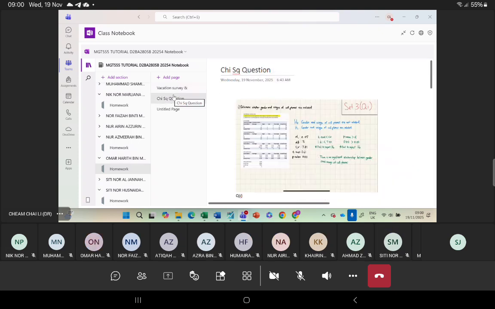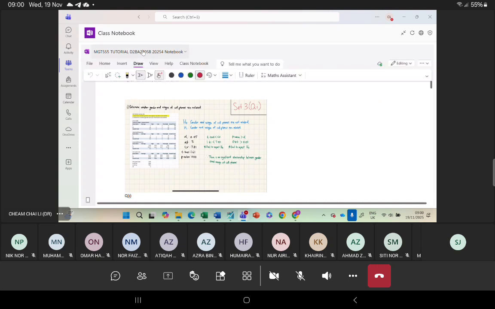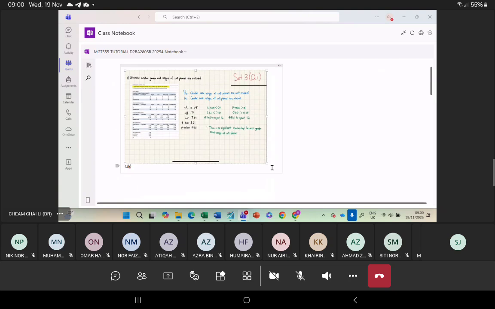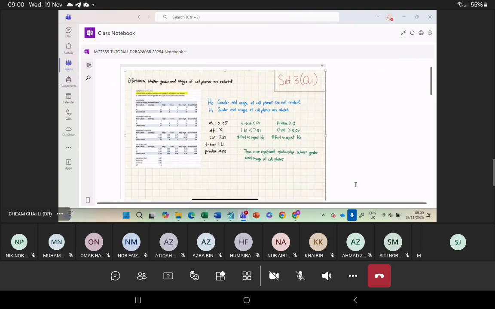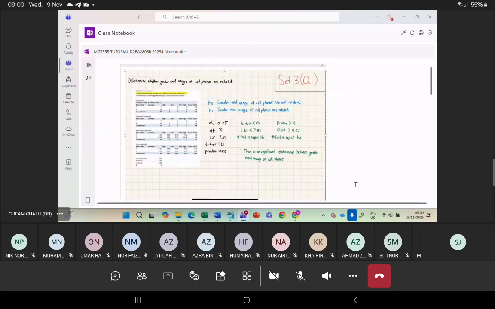So chi-square. Ya, Omar dapat 1.6. Okay, handphone usage kan.